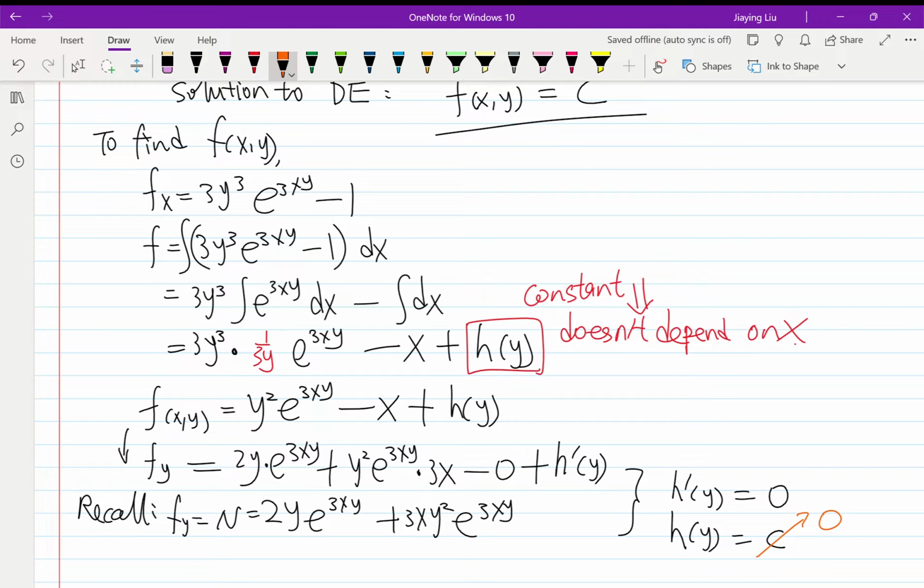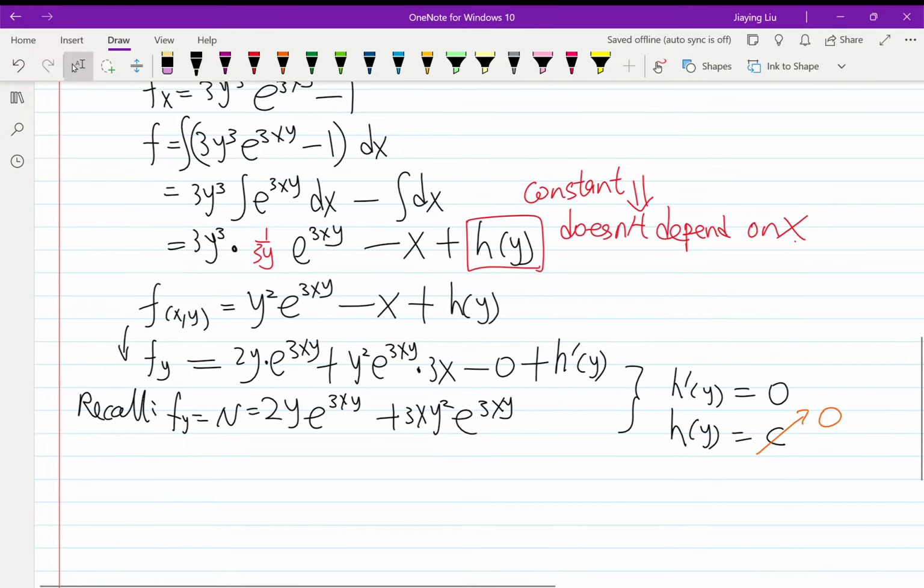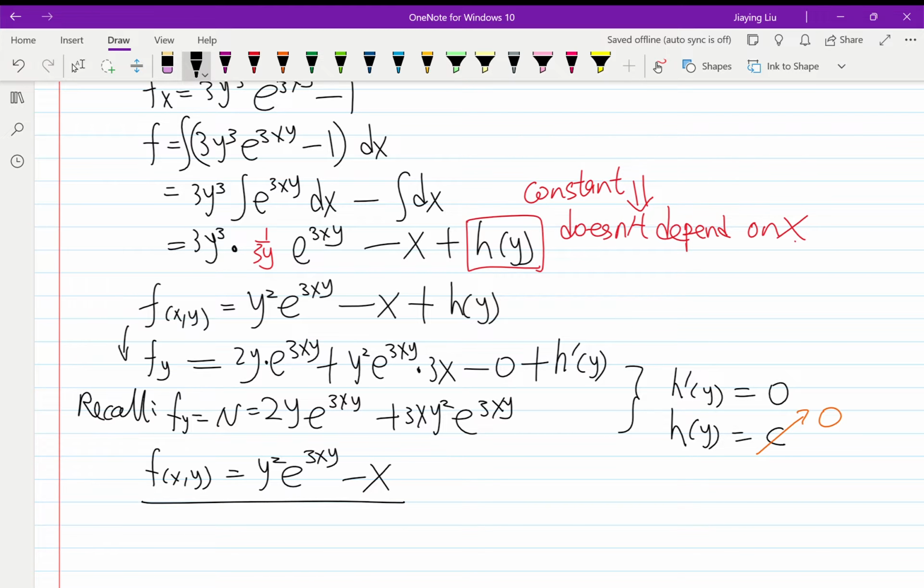We don't have to pick any value, because the c eventually will be absorbed into the c on the right side of the equation. So f of x, y is equal to y squared e to the 3xy minus x. The h of y is just a constant. We don't need to add it here. You could, but again, it doesn't really matter.